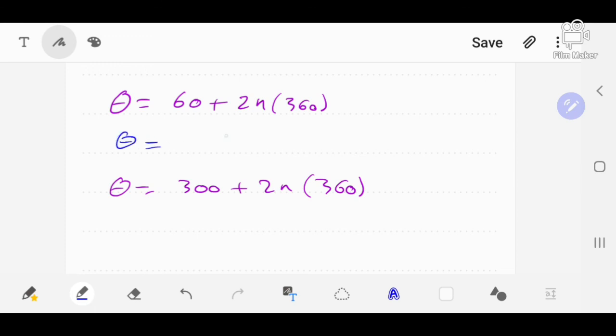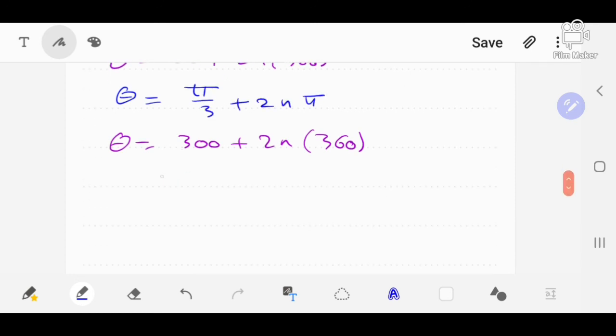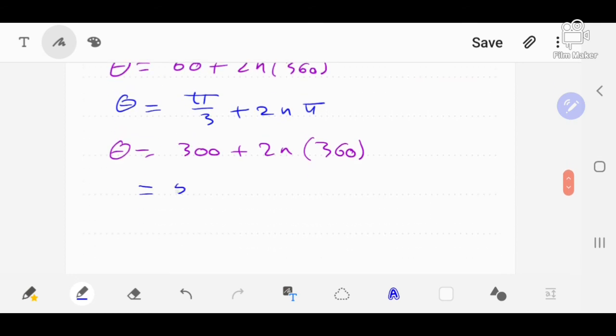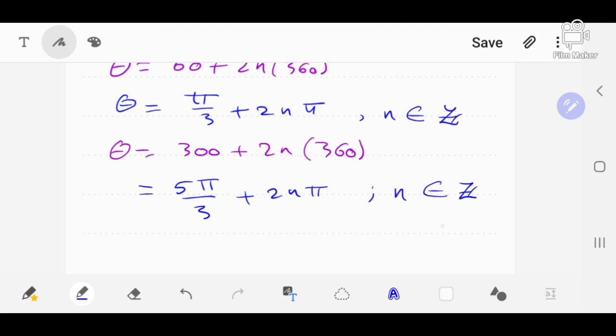So theta is equal to 60, which is pi over 3, plus 2n pi, and 300 is actually 60 times 5, so it will be 5 times pi over 3 plus 2n pi, and in both cases n belongs to integers.